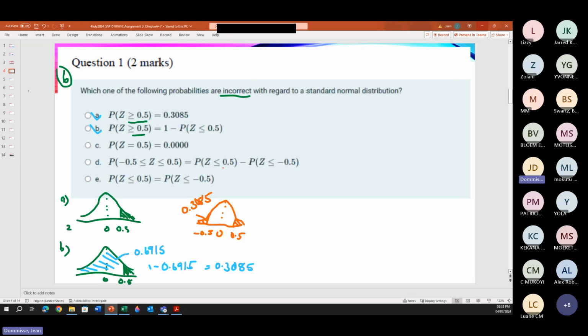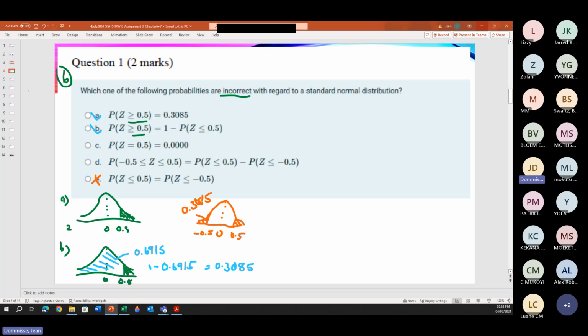Okay, so Z smaller than 0.5 is equal to Z smaller than... Okay, so that is going to be the wrong one. I'll quickly explain that. In a continuous distribution, like we have with the standard normal distribution, you can't have a probability at a certain point.